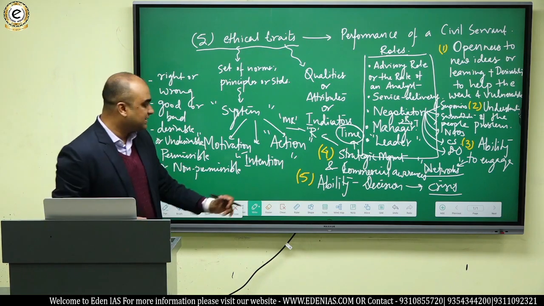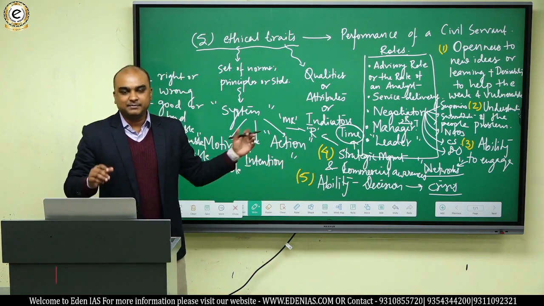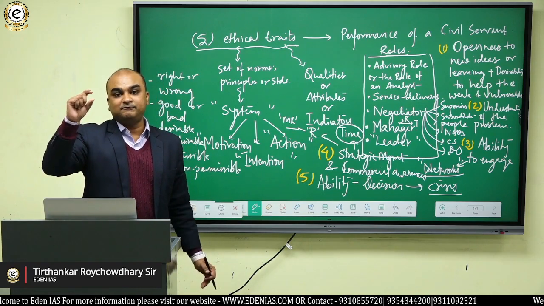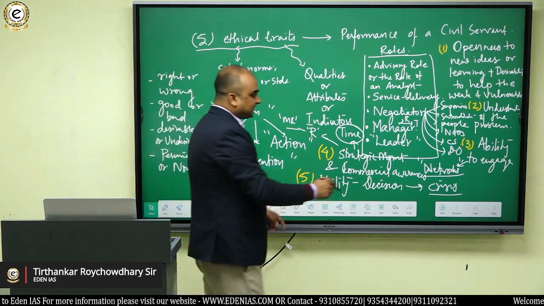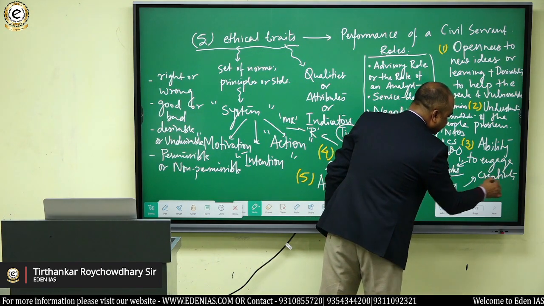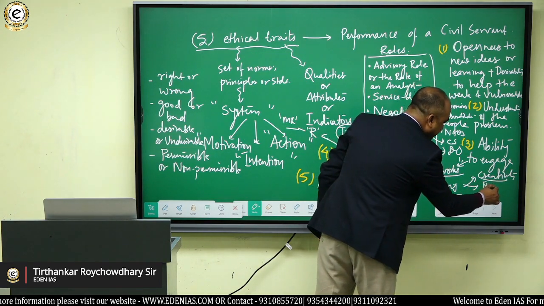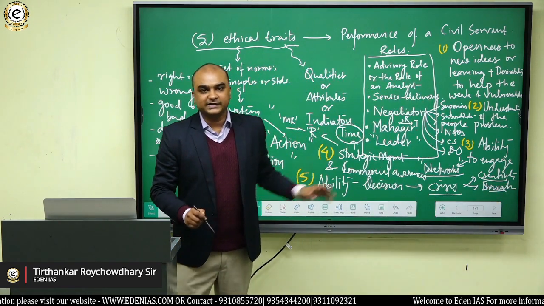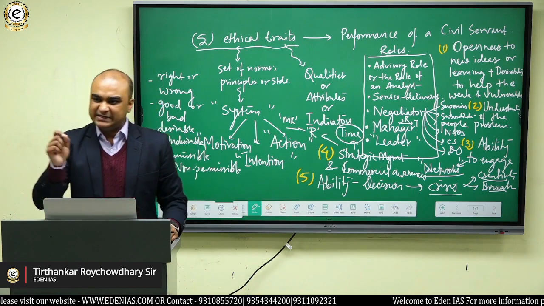Do you understand that? Decision-making capability is directly associated with some important values like creativity or creative thinking, innovative approach. So how innovative the civil servant was while dealing with the crisis.